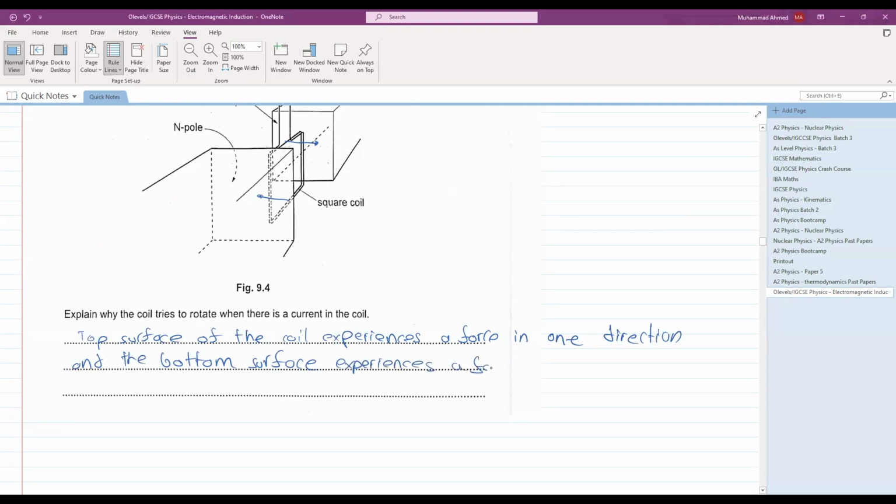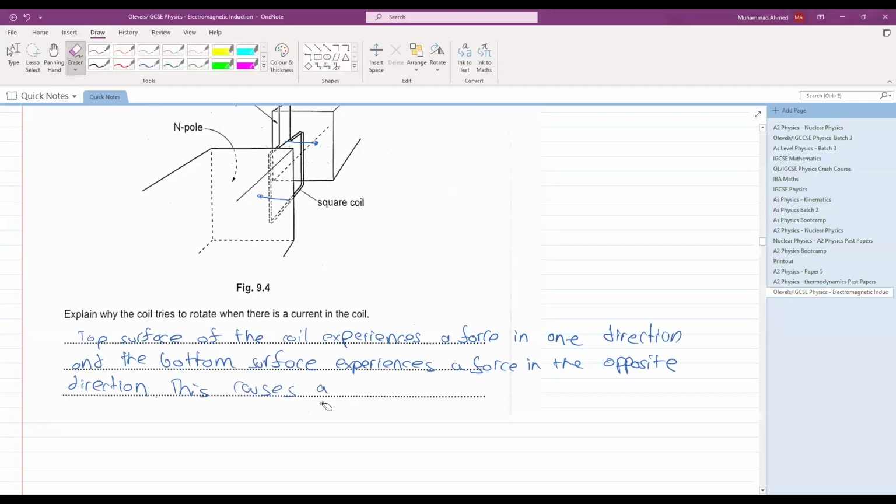This causes the coil to rotate. This results in a moment which rotates the coil. Simple as that, nothing complicated.